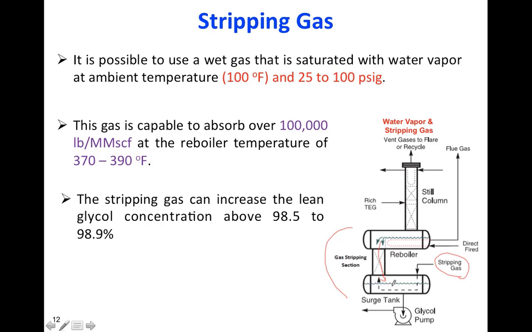This stripping gas goes to the liquid and absorbs some of the water, and then we send it all the way up the column and collect it from the top, and at the bottom you will have a more pure glycol that goes to the absorption column. Once we use a stripping gas, we need another vessel, something like a surge tank, to do the job for us.